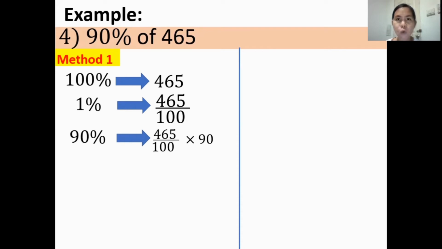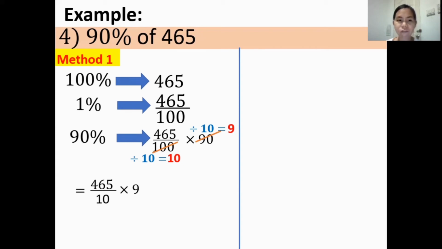So from here, we can observe that 100 and 90 are divisible by 10. So therefore, 100 divided by 10 equals 10, and 90 divided by 10 equals 9. From here, the remaining numbers are 465 over 10 times 9.